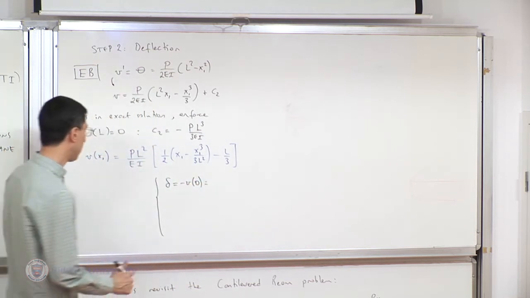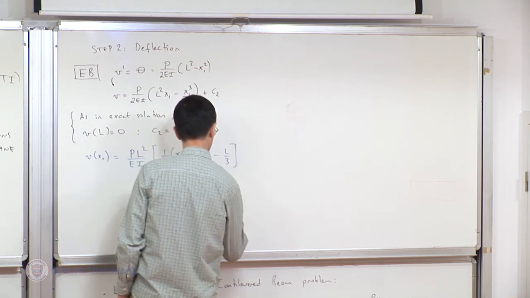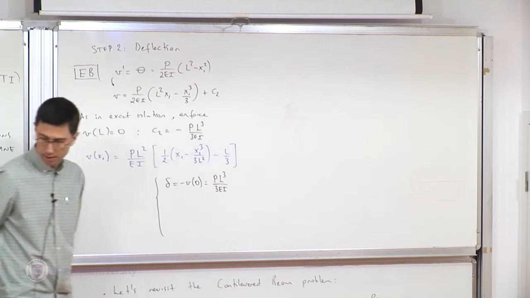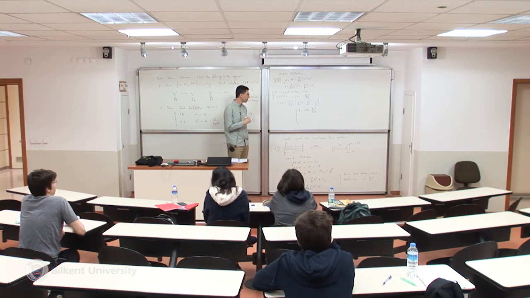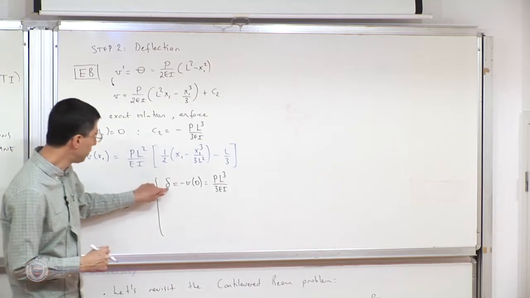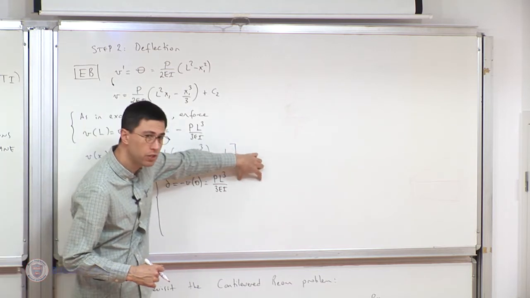And so we see that that's equal to PL cubed over 3EI. So at this stage, it's useful to remember, if you go back to the expression for tip deflection in your analytical solution, you'll see that the tip deflection is not only this, there is another term.